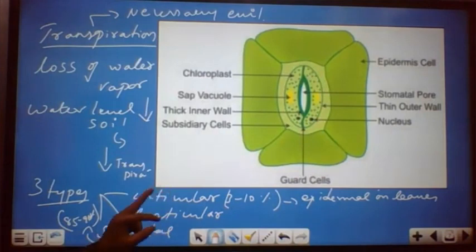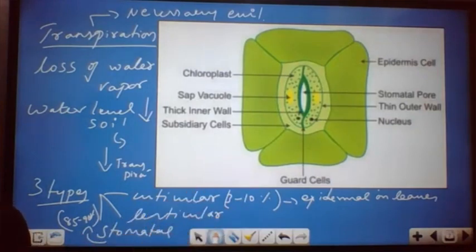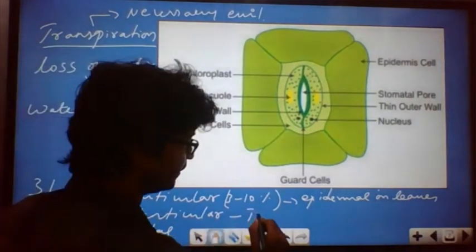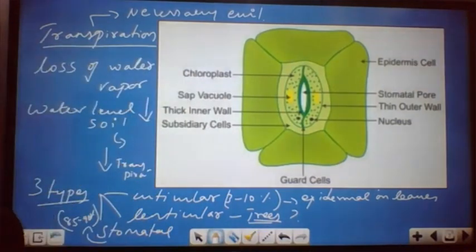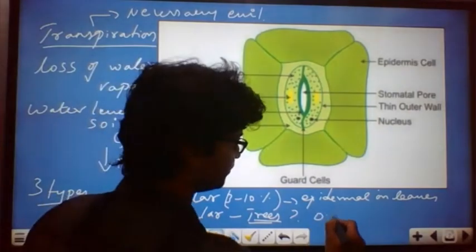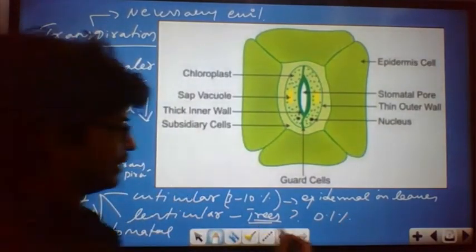The cuticular transpiration is also called peristomatal transpiration. Coming to lenticular transpiration, it is where you could see the lenticels. Can someone tell me in which part of the plant, in grown trees, you can see the lenticels? Lenticels are also responsible for transpiration, but it is comparatively very little, about 0.1 percent.